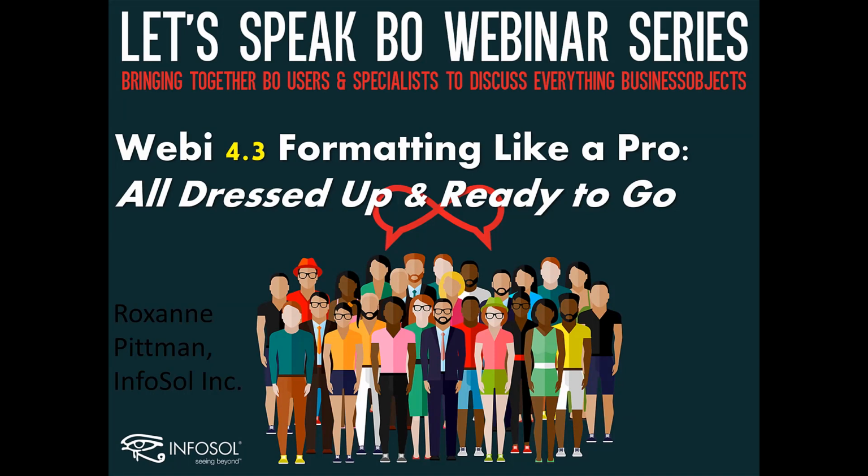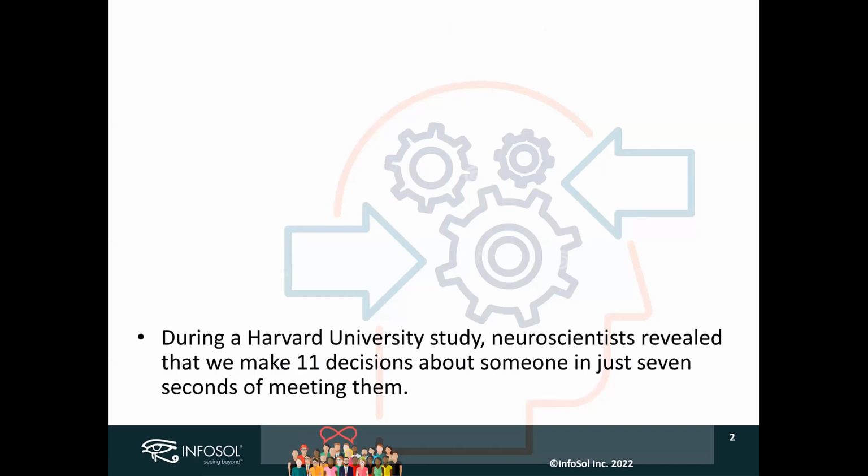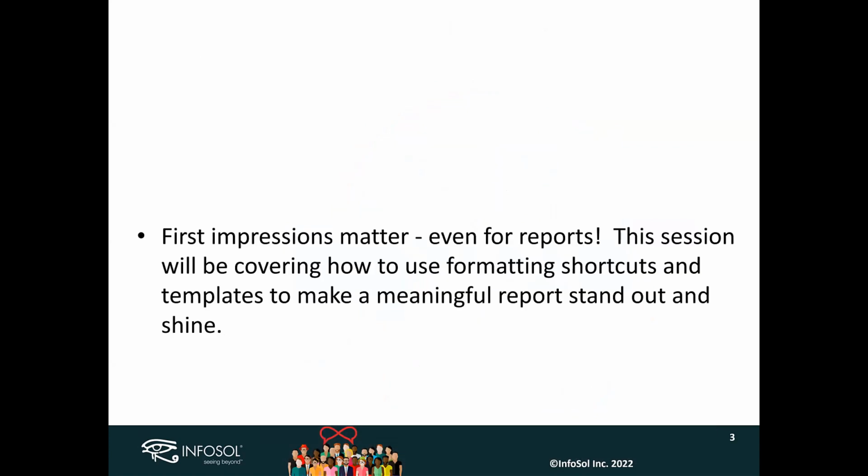All right, so the first thing I want to talk about here is during a Harvard University study, neuroscientists revealed that we make 11 decisions about someone in just 7 seconds of meeting them. And the same thing applies to reports. So that's why I wanted to mention this. First impressions really matter.